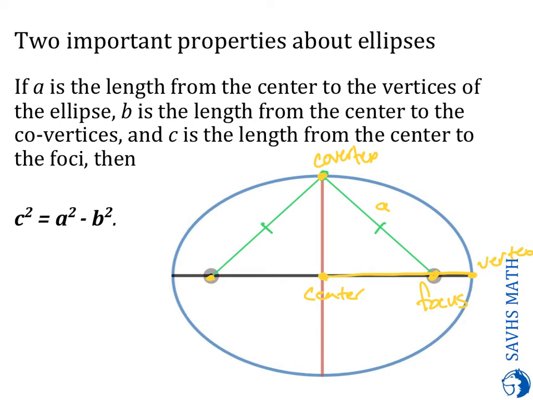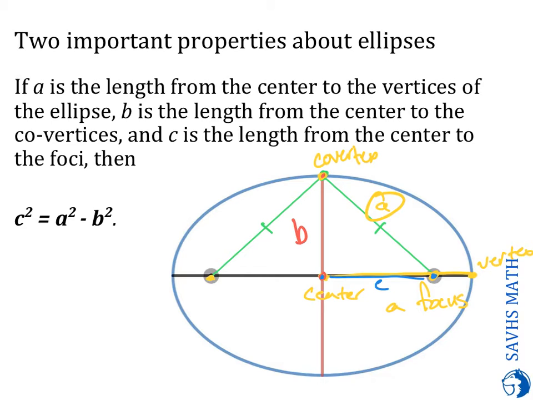So if I call this length from the center to the vertex A, that's the same as this A. I can call the length from the center to the co-vertex B. And then I can call this length from the center to this focus here C. If you remember back a little bit further to geometry, you're going to remember the Pythagorean theorem.